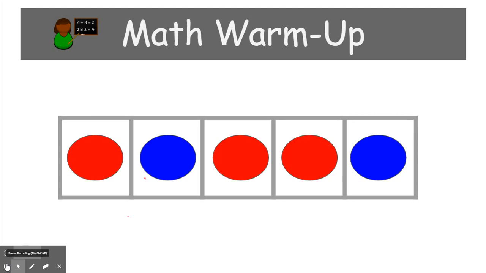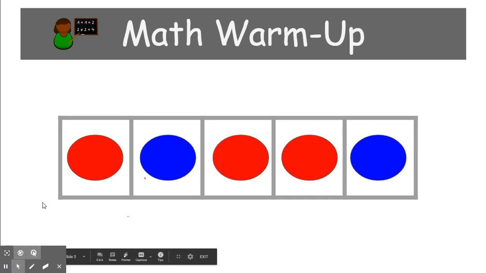So I would like for you out there to please show me the blue dots on one hand and the red dots on the other. Hold them up in front of you so that I can see your answer. Let me pause. Very good. We had 2 blue dots on one hand and 3 red dots on the other.